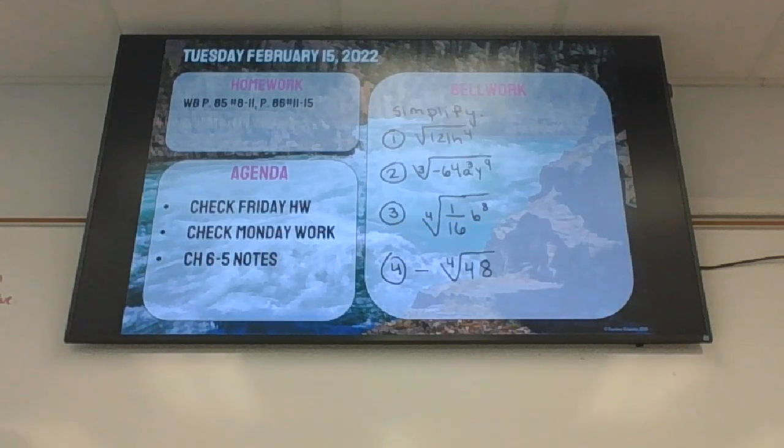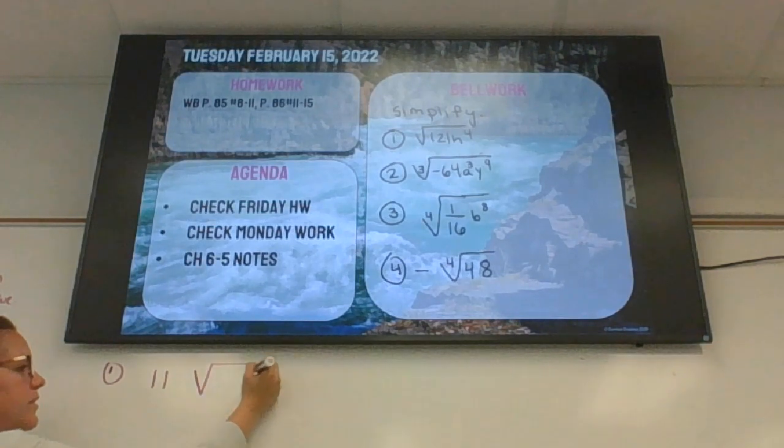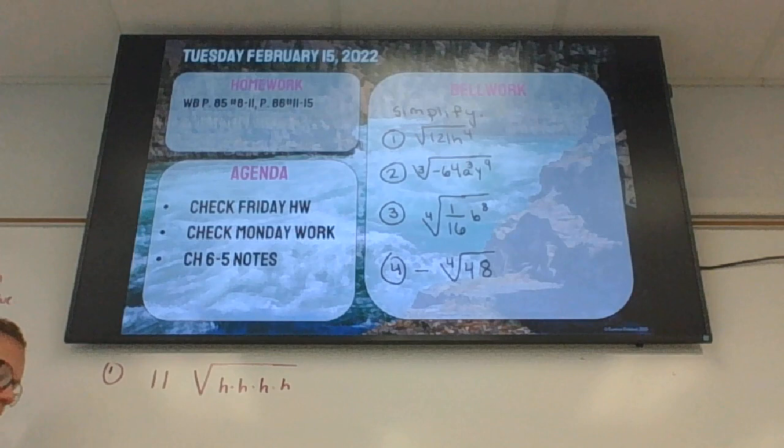So number one should be no surprise. The square root of 121 is 11, and the square root of h to the fourth. So square roots all have invisible little 2's in here.